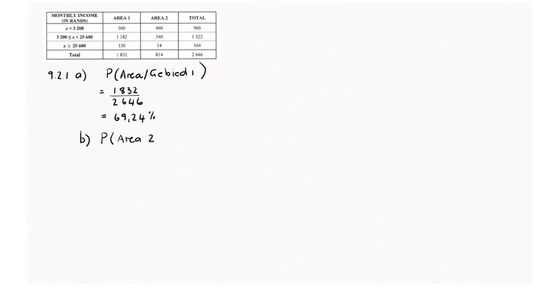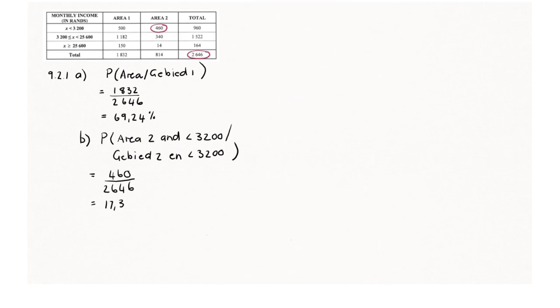We read that in the column of Area 2 and the row for less than 3,200 rands per month, and that is 460 people. To make it a probability, we divide it by the total number of people in the sample, 2,646. Lastly, we write the answer as a percentage, and that is 17.38%. For this answer, you get 1 mark.